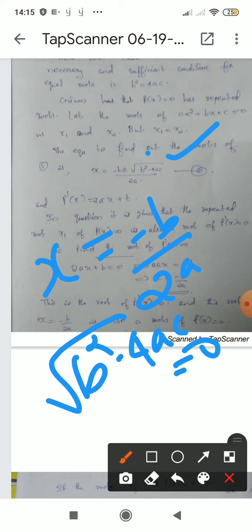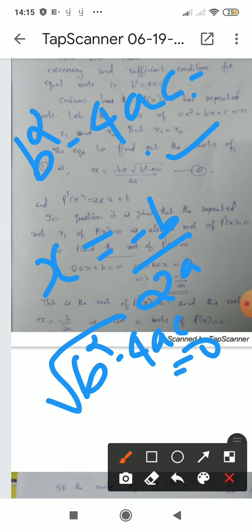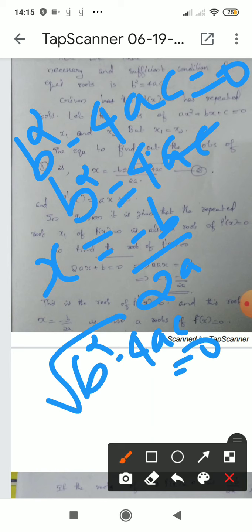If root b square minus 4ac equal to 0, then b square minus 4ac is equal to 0, since the root of 0 is only 0. That means b square is equal to 4ac.